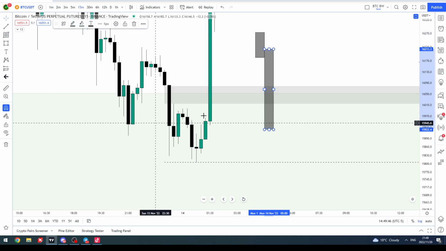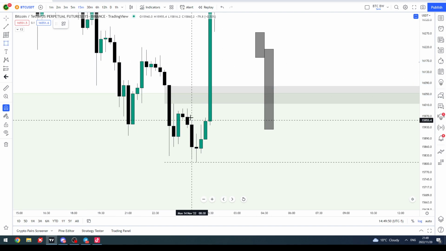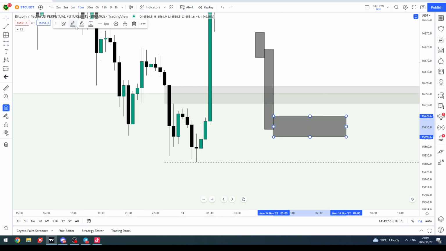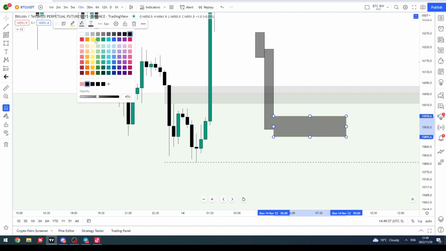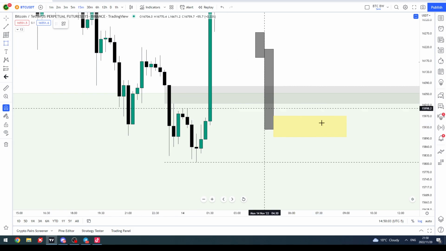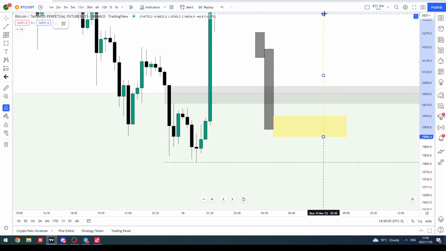I don't know why I'm drawing it out when there's actual candles here, but bear with me. And then we had a bit of a consolidation sideways in here. Let's give it some neutral color, yellow.